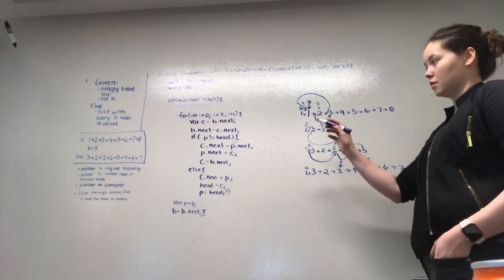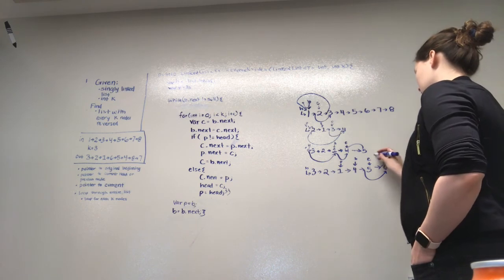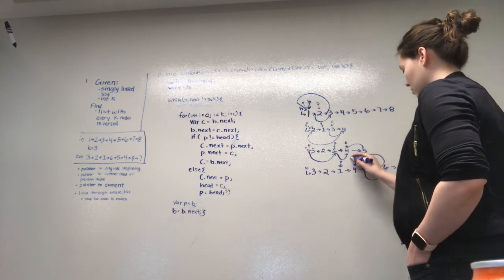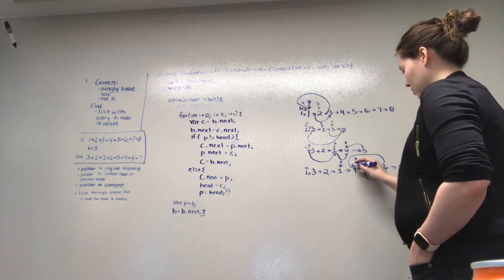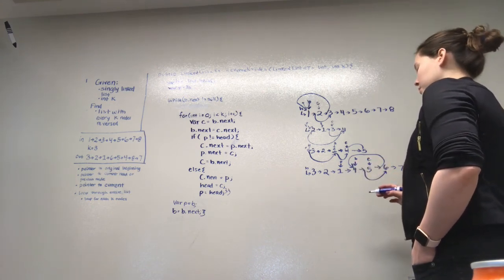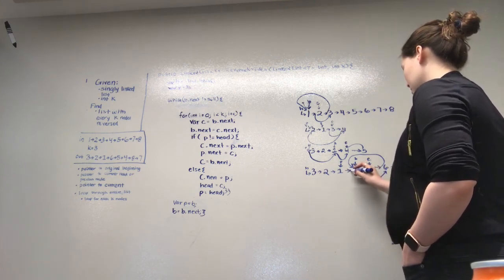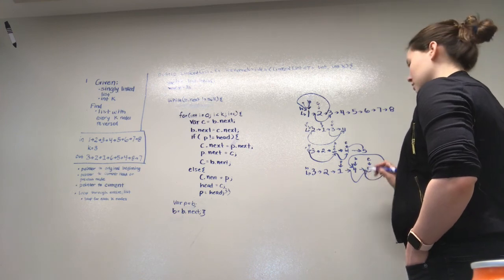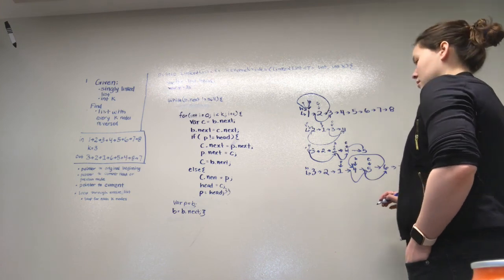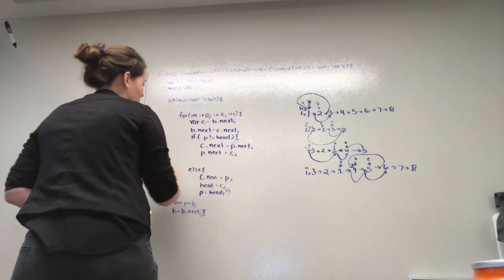Then, since p is not equal to the head, we're going to say c dot next is p dot next, so we're going to point here, and p dot next is going to be c. And c does not need to have that because we do that at the beginning. Okay.